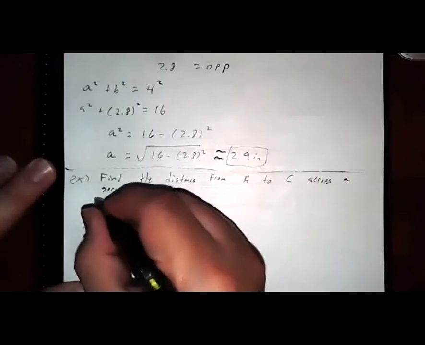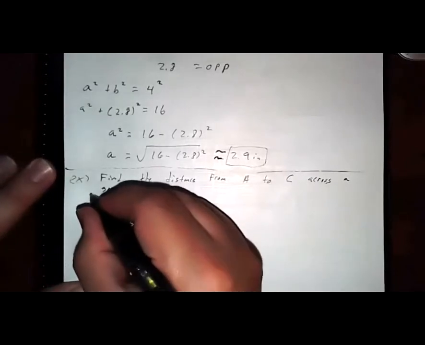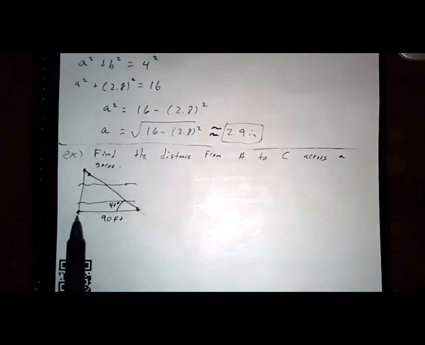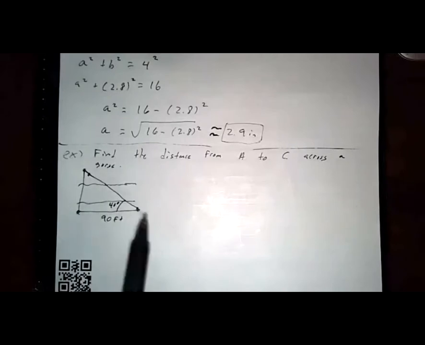So really what I want to know is how far is it from here to there. I know this picture sucks, but do you see what I'm trying to say? So all you have to do is find this side.